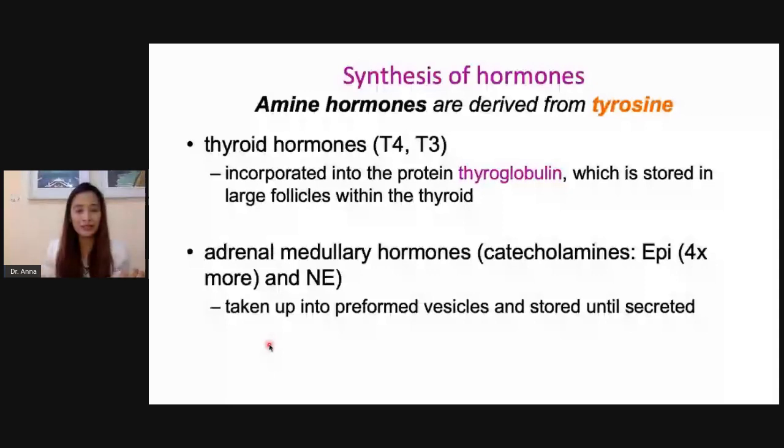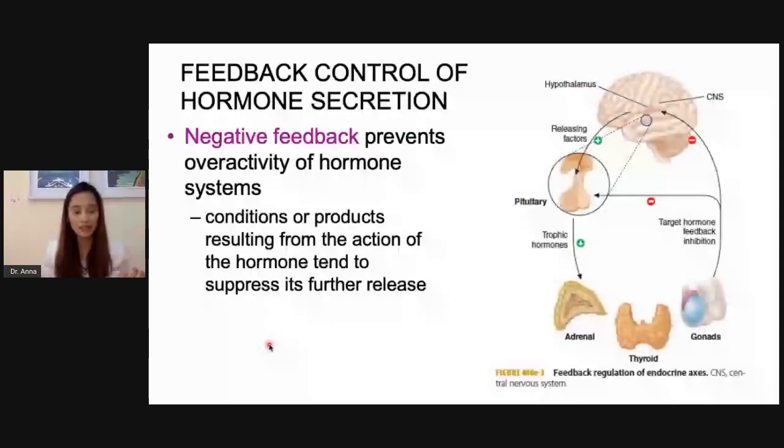So earlier in the previous session, in part 2, I talked to you about the negative feedback mechanism. Feedback control is important in order to control the level of hormone secretion so that there will be no overactivity of hormone systems, so that your hormone system will not produce excessive hormones that can result in different endocrine hyperfunctioning disorders.